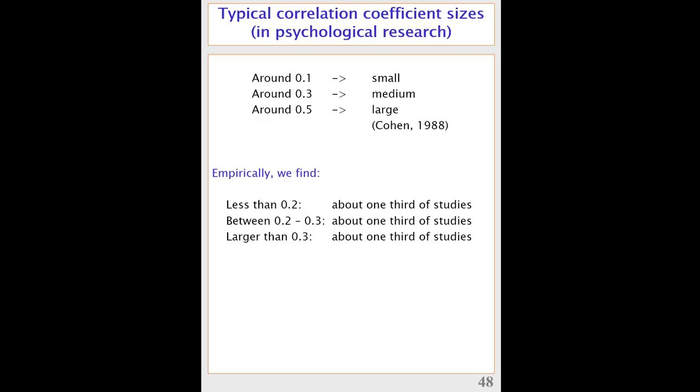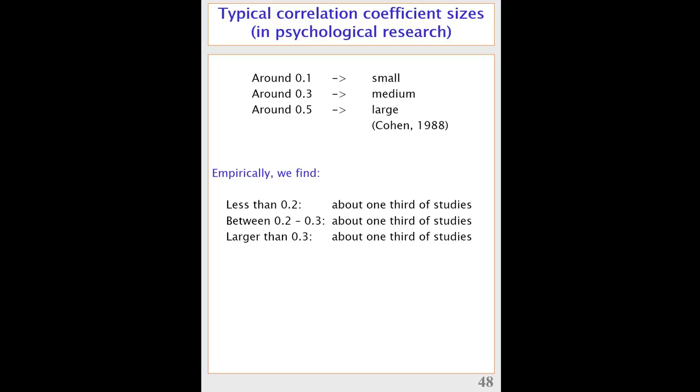If you could say the correlation between this psychological measurement and that psychological measurement is 0.9, then it usually is so blatantly obvious that it's not interesting to write it down. So quite typically you are in a range that is way smaller than this.